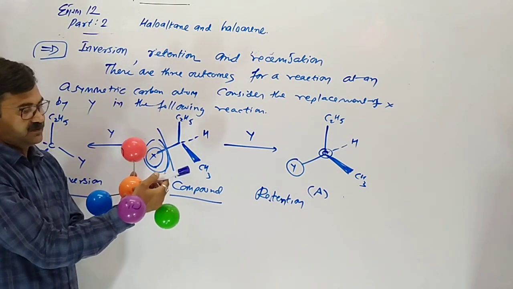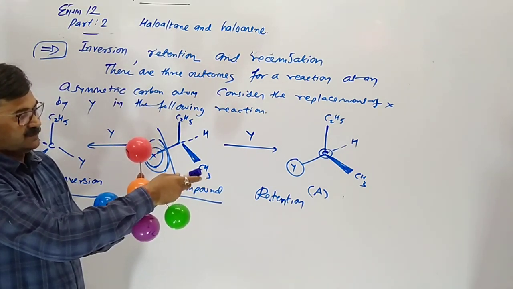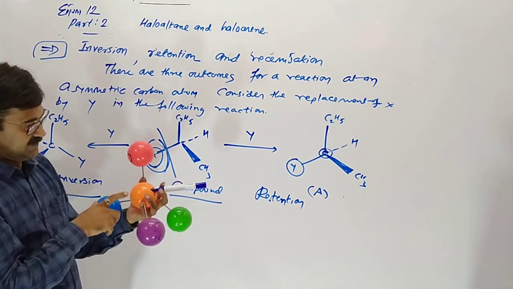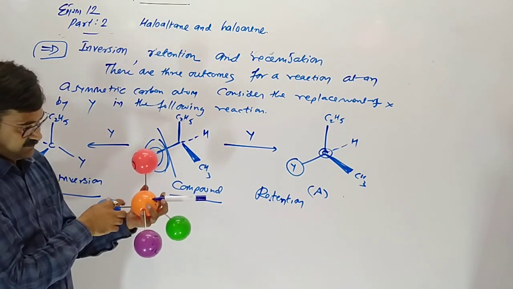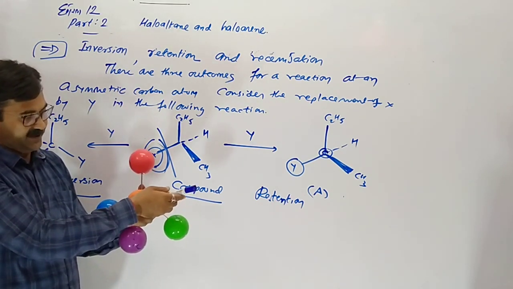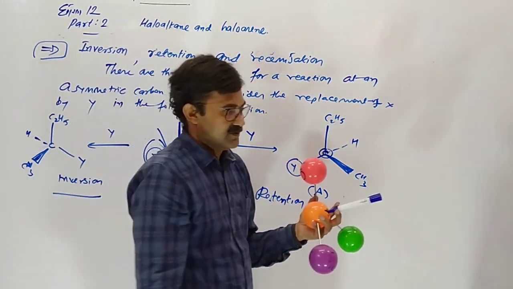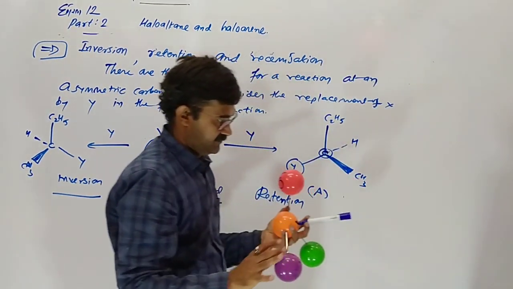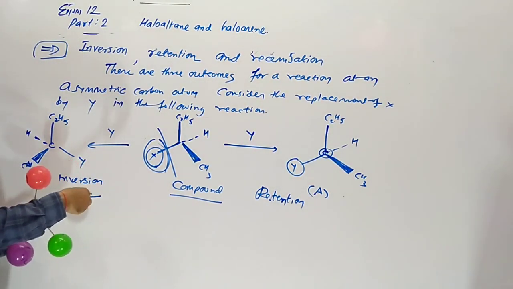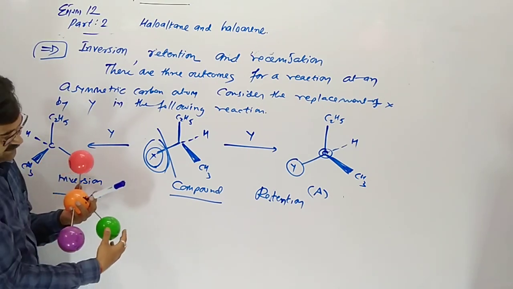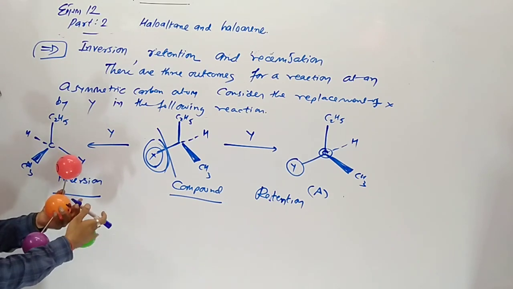Formation of the new bond with Y starts, and breaking of this bond starts. Repulsion occurs between Y, ethyl, methyl and H, so these groups move to this side.